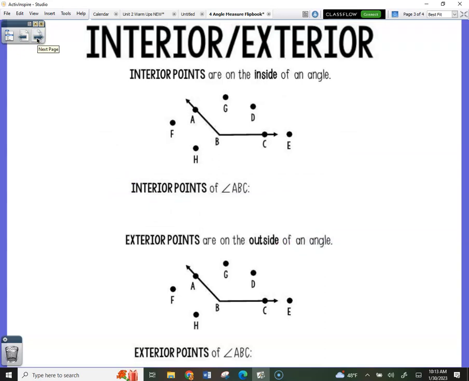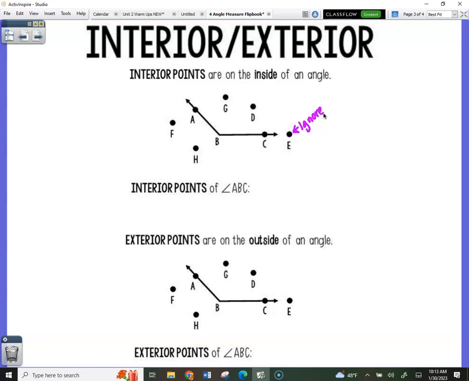This is self-explanatory, right? If somebody is on the interior of a house, it means they're inside. If they're on the exterior of a house, they're outside. You need to think of an angle as kind of like a beam of light that's opening up, and that'll help you to visualize the interior and then the exterior. So if you look at this picture right here, by the way, we are going to ignore point E because that's kind of one of those points that's there to make you hate math, and I don't like that.